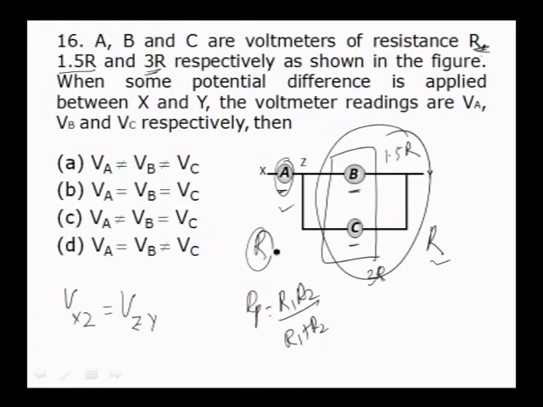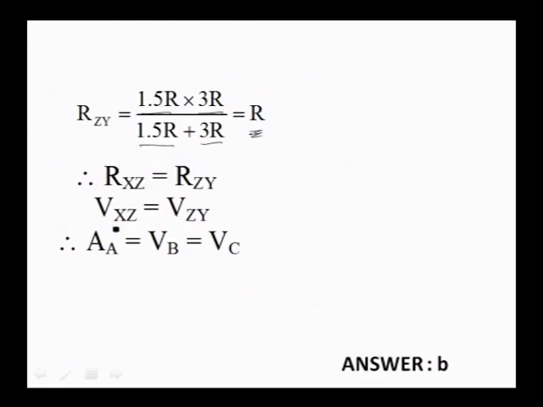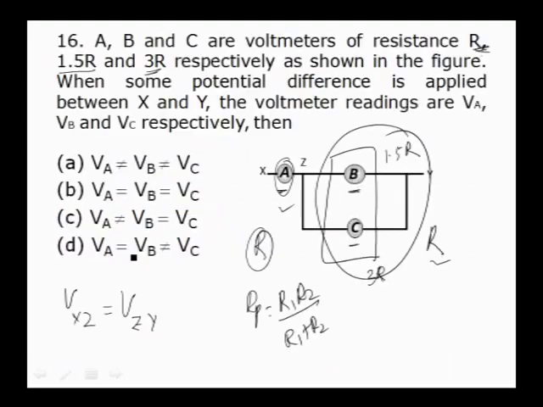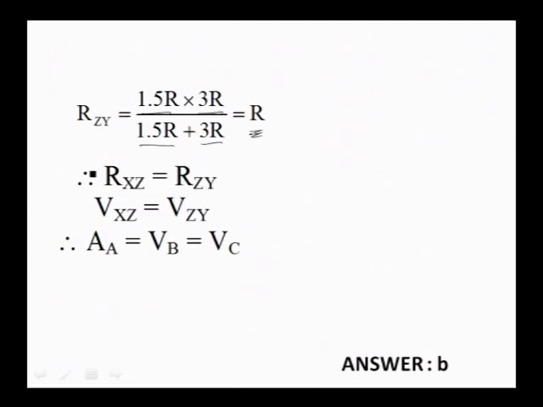Therefore, voltage will divide equally. Therefore, the voltage across this, this and this should be the same, no change. Therefore, the correct option is B.